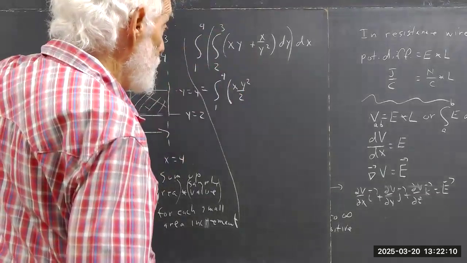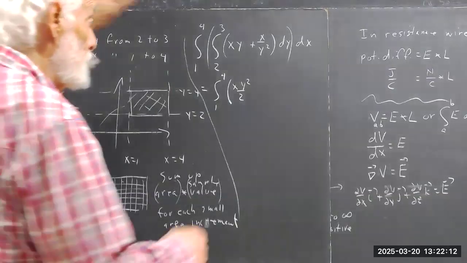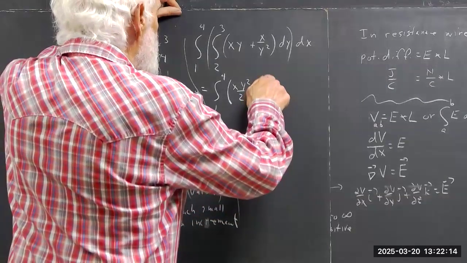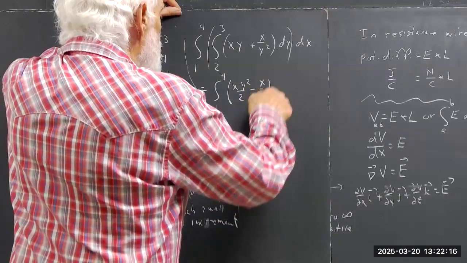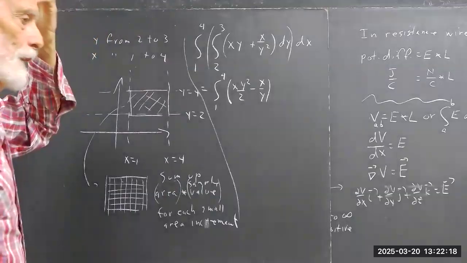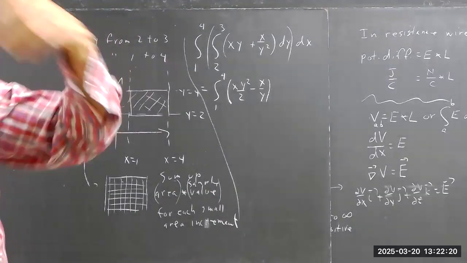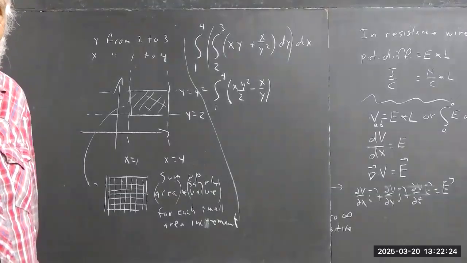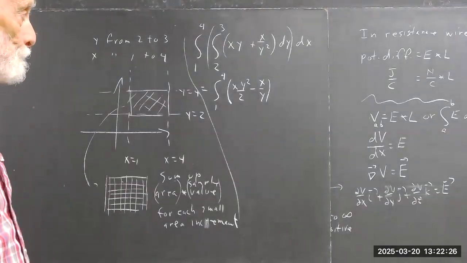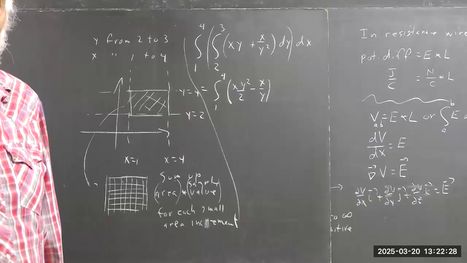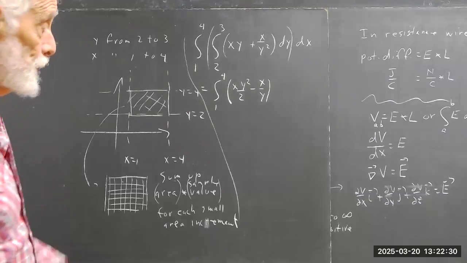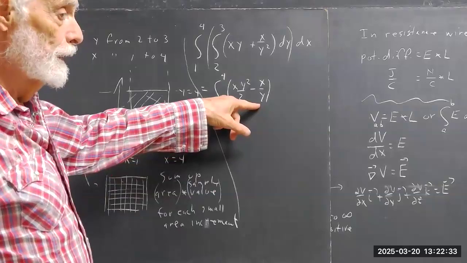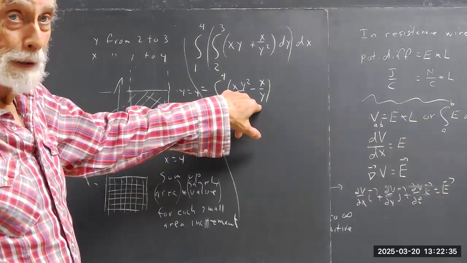And my antiderivative here, well, that would be negative x over y. Now, just to be sure, because when you're integrating reciprocals, it's really easy to go the wrong way with your integral, you want to take the derivative of this. What's the derivative of 1 over y?